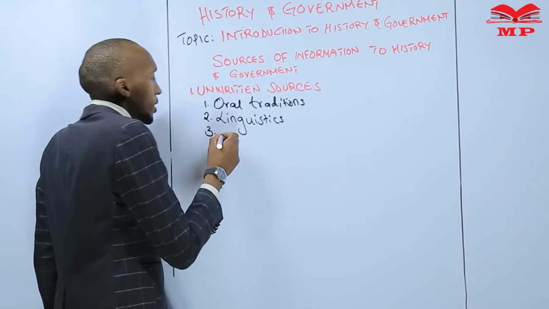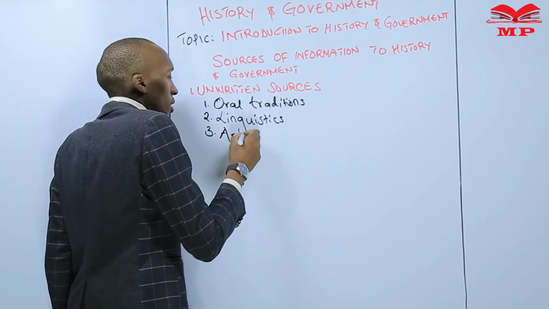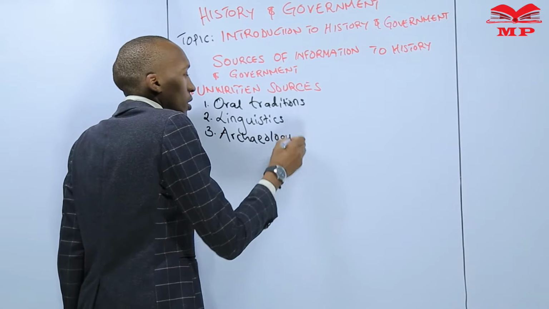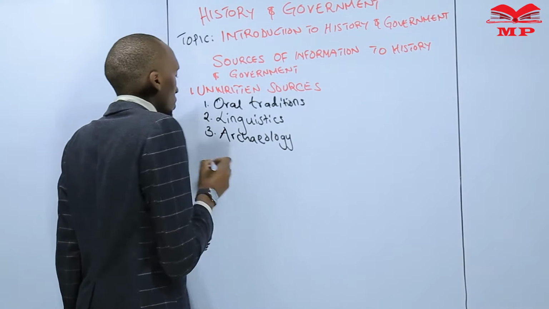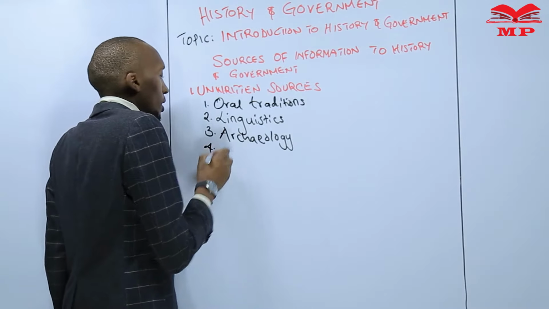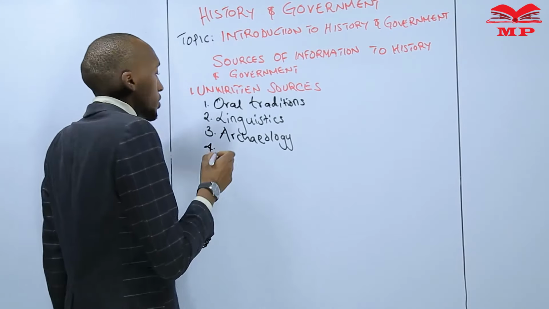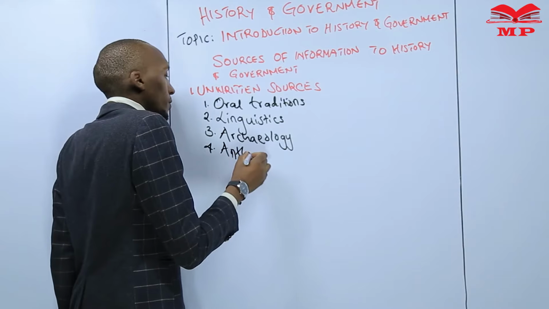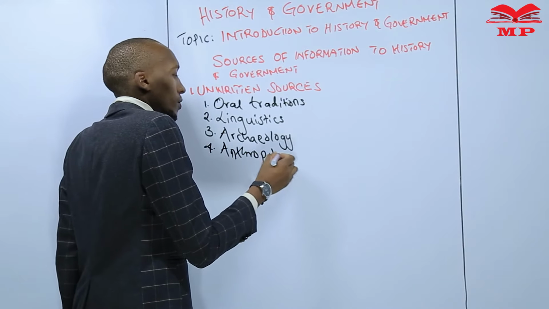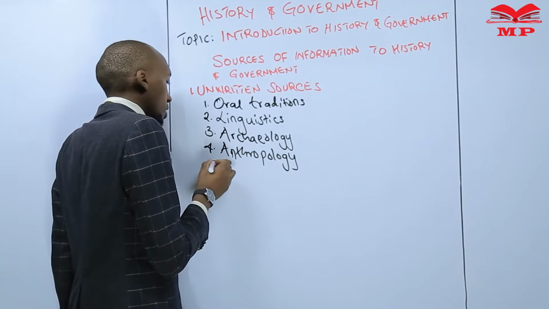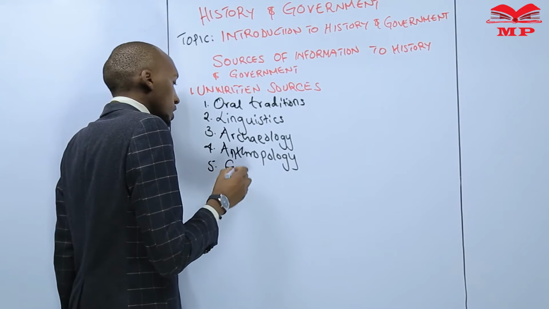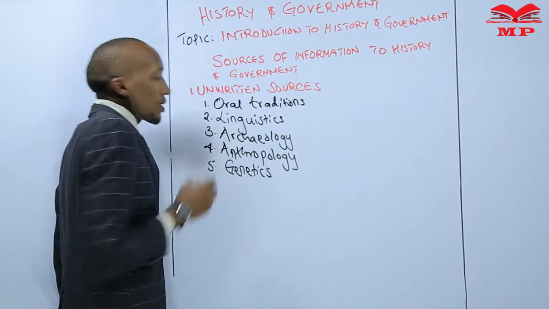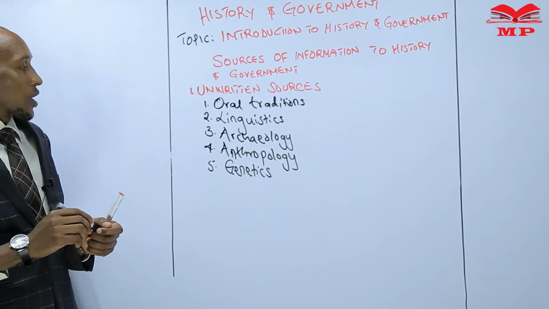We looked at archaeology. And then number four, which we are going to look at today, anthropology. And then we look at genetics as a source of information.